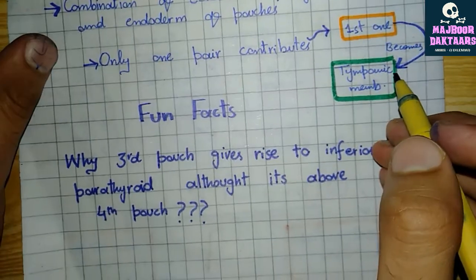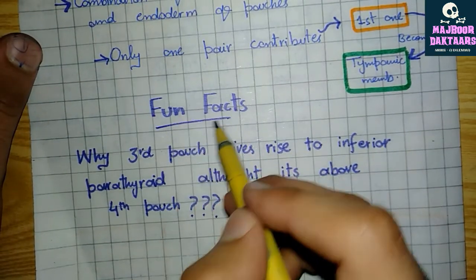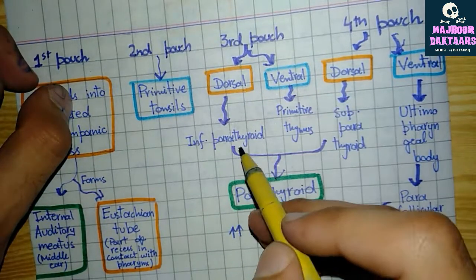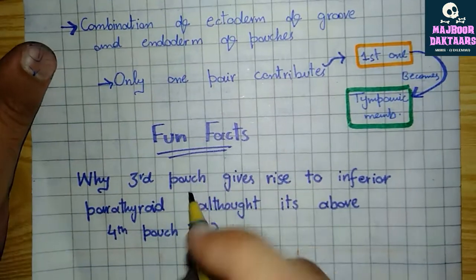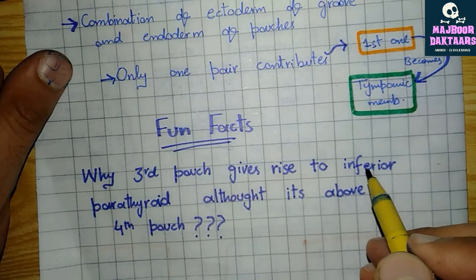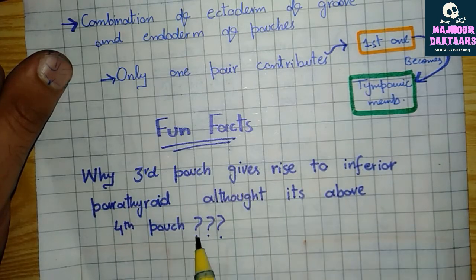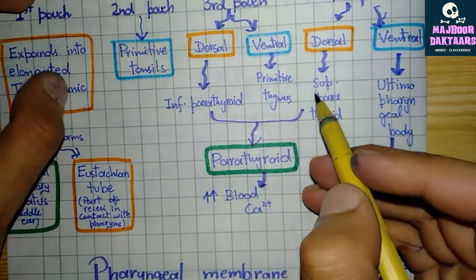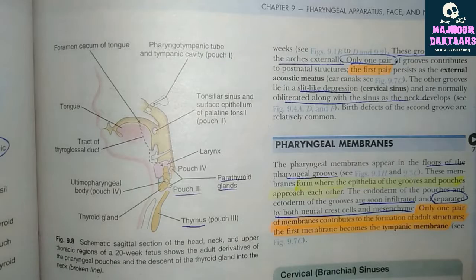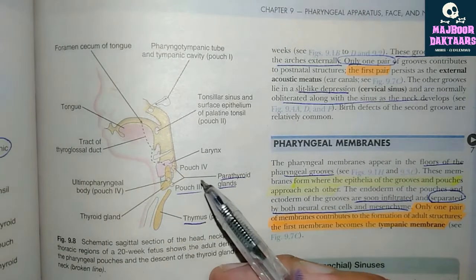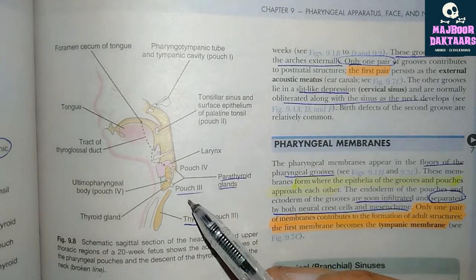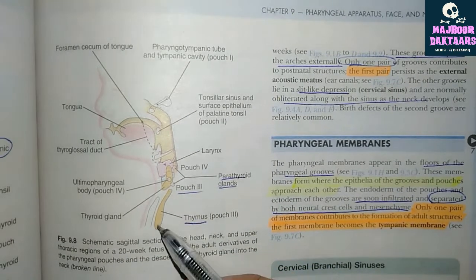Now, at the end of the lecture, talking about the fun facts, you have noticed that the third pharyngeal pouch gives rise to the inferior parathyroid gland. So, a question is, why does the third pouch give rise to the inferior parathyroid although it is above the fourth pouch? It should give rise to the superior, but it is giving rise to the inferior. The answer to this is that the third pouch is accompanied by its ventral portion, which gives rise to the primitive thymus.